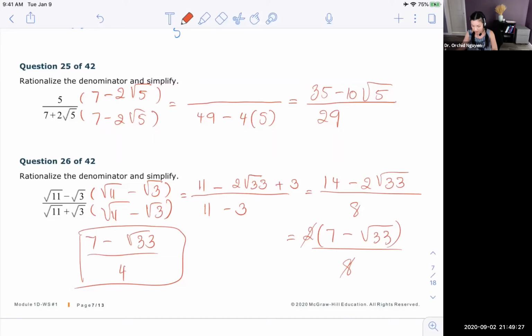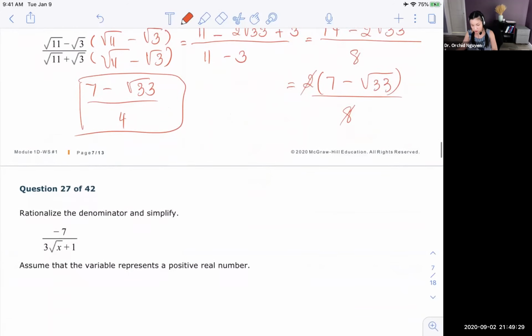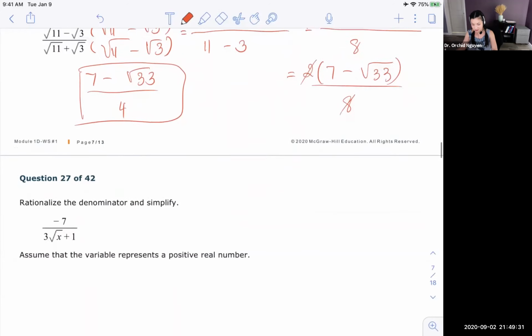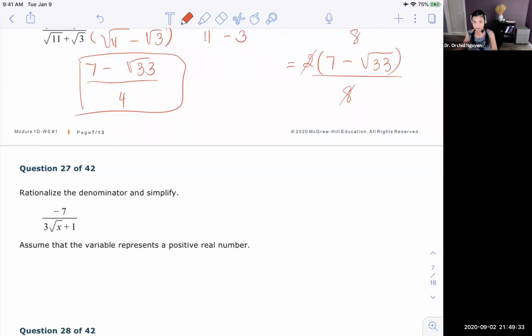Okay. All right. Moving on to 27. Once again, I'm going to multiply by the conjugate.